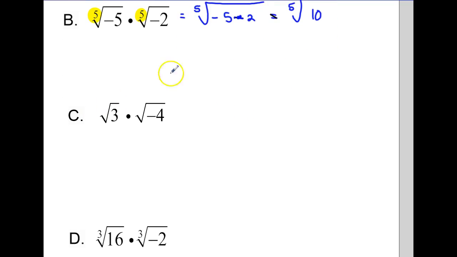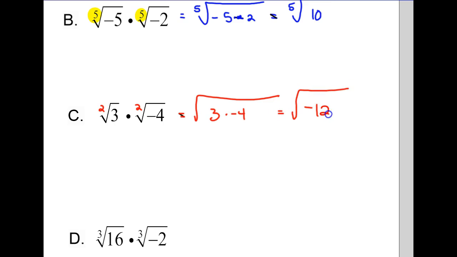Let's look at Example C. I've got the same index here. It's invisible. It's a 2. So the product property says that I'm allowed to write 3 times -4. So I end up with the square root of -12. And we remember that I can write this as the square root of -1 times the square root of 4 times the square root of 3.